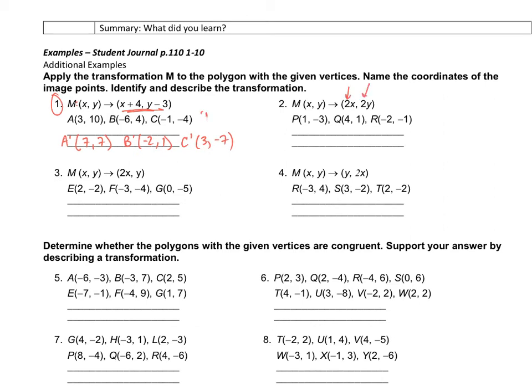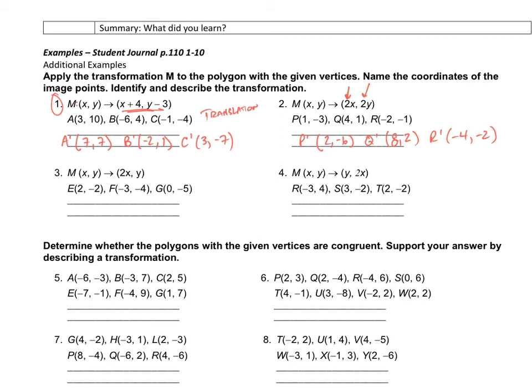Here, notice there is no scale factor on it, and this is just a translation, this first one. For the second one, we're just going to do this and determine what P prime is. So that would be 2 times x, so that would be 2, and negative 2 times y, which is negative 3, so that will be negative 6. Q prime would be 8, 2, and R prime would be negative 4, negative 2.